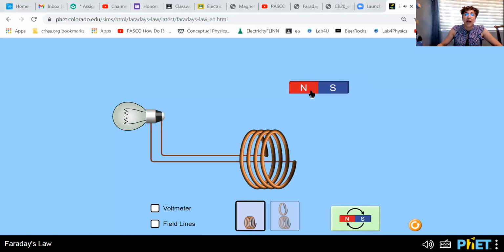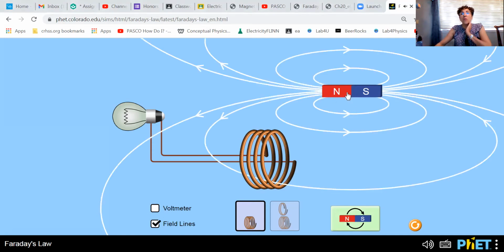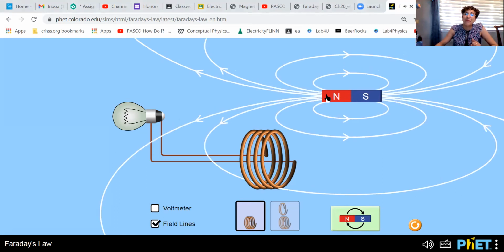Here we have a magnet, and you can change which end is north and which is south. I'm going to show you the magnetic field lines by clicking on where it says field lines. With the magnet, you'll notice that on the outside, the field lines go from the north to the south.